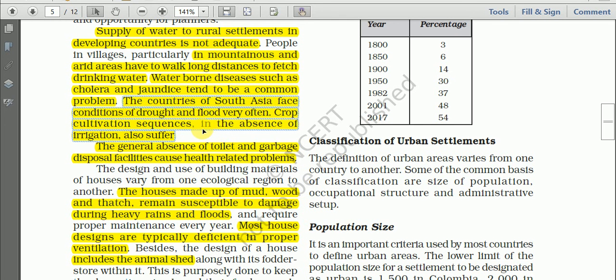And the crop cultivation sequences in the absence of irrigation also suffer.